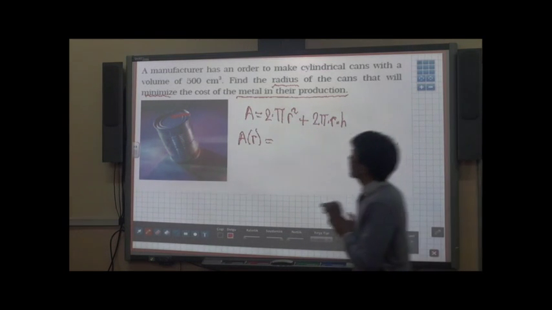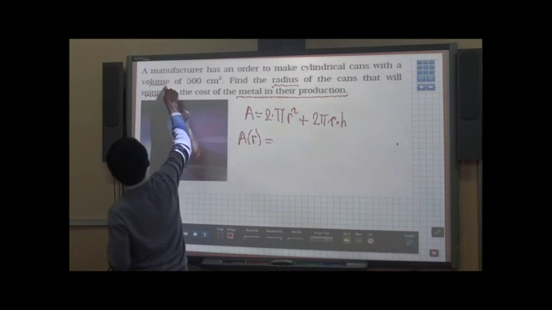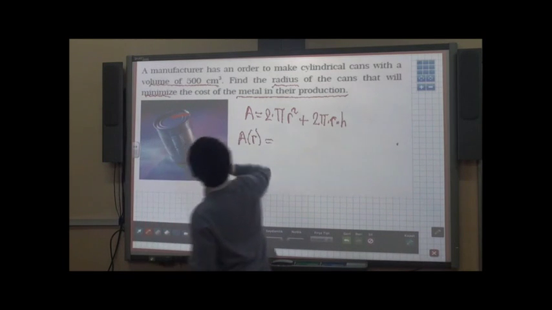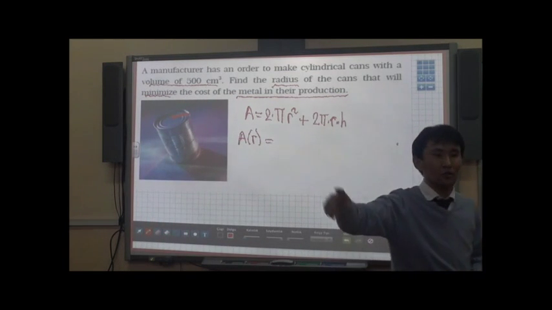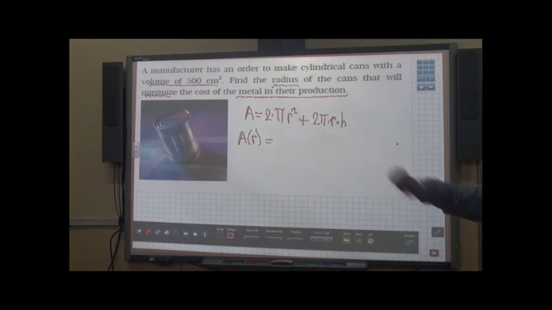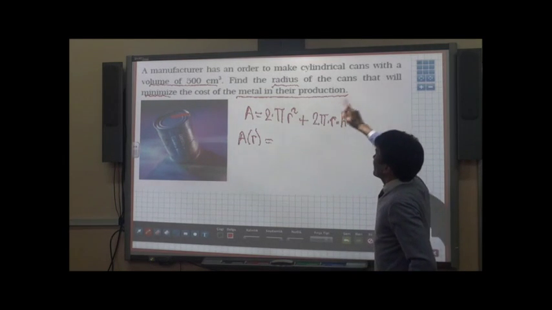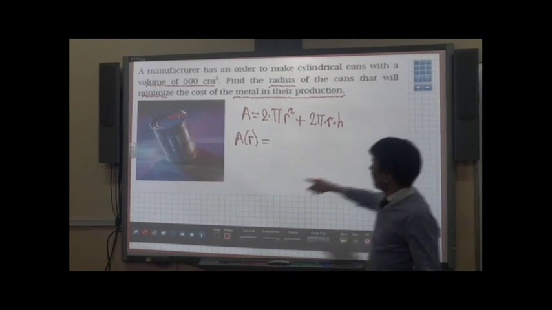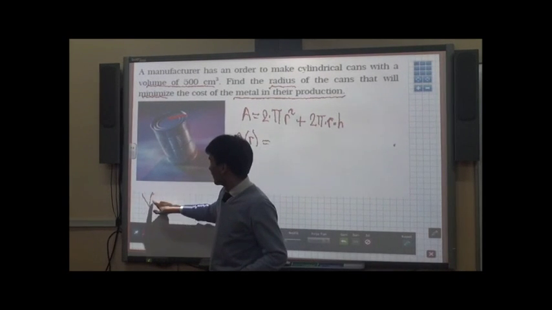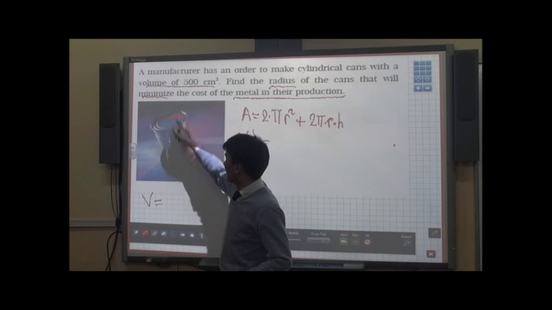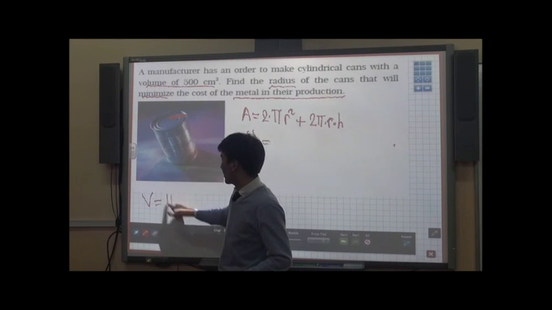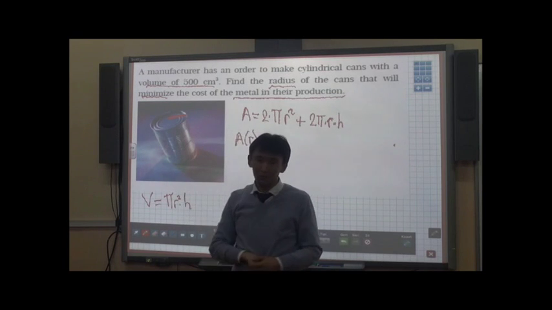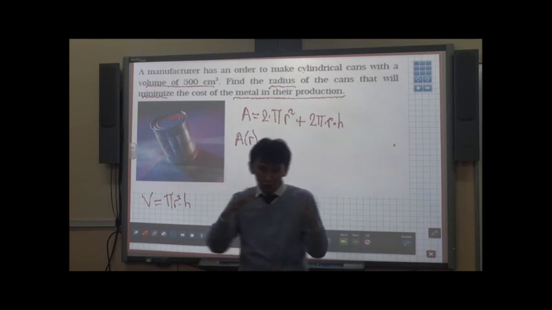What is the given information? The volume is 500 centimeters cubed, that is 0.5 liters. To find the volume of the can, the area of the base is pi r squared, and pi r squared times the height gives us the volume of the can.